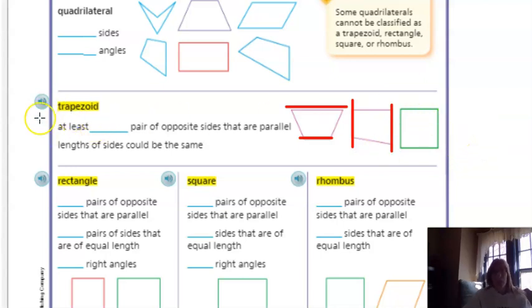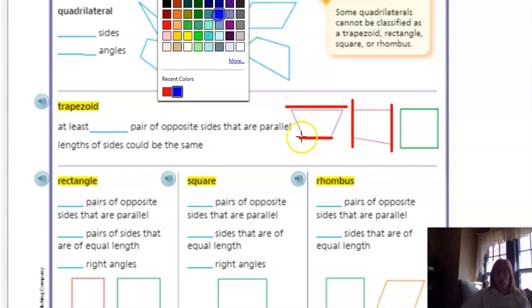Okay, trapezoid: at least one pair of opposite sides that are parallel, and the lengths of the sides could be the same. Now, they are saying in this book that a square can be a trapezoid. When we think of trapezoids, most of the time though, I want you to see that they trap.